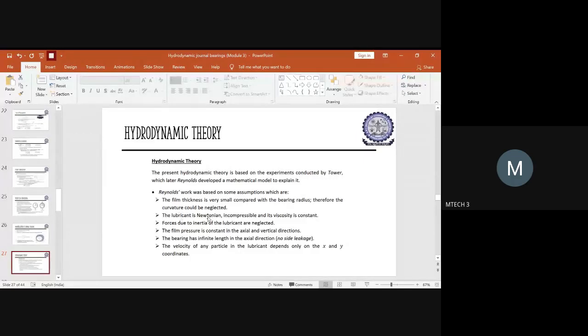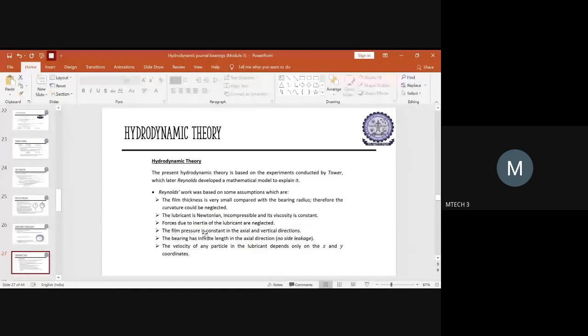One more assumption they followed is that the forces due to the inertia of the lubricant will be neglected. It can be a minimum value, so it is not considered. Any forces coming from inertia across the lubricant film will be neglected.